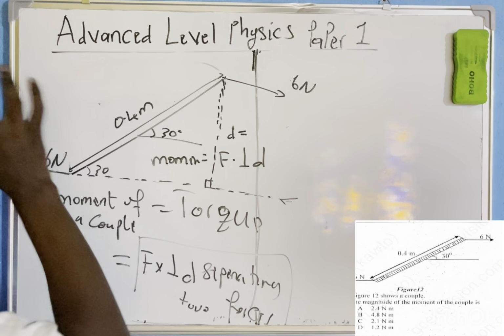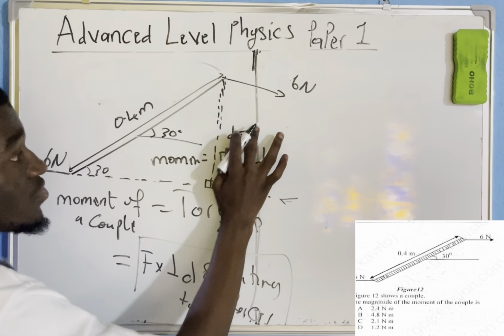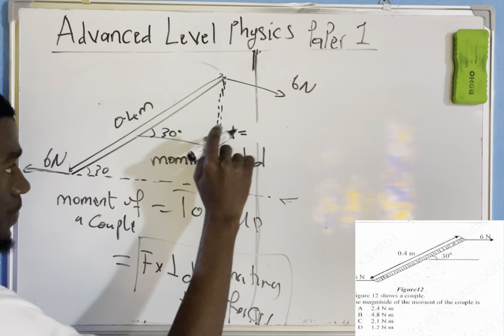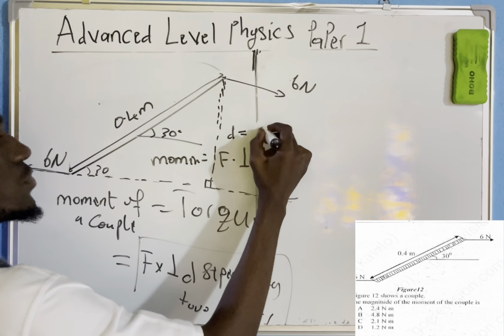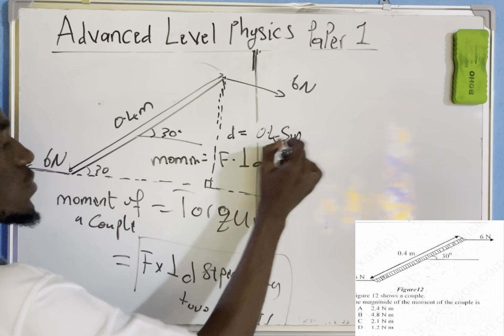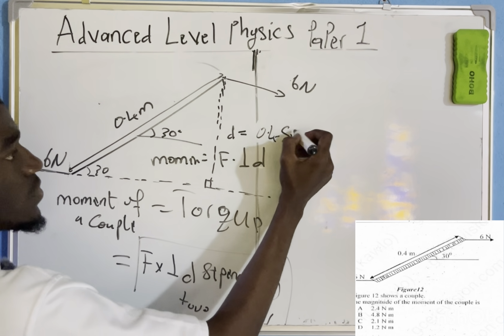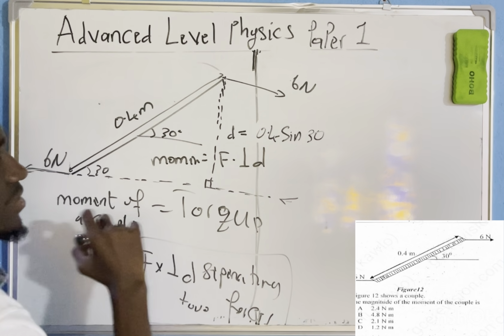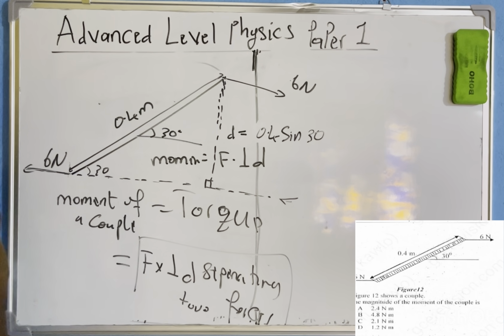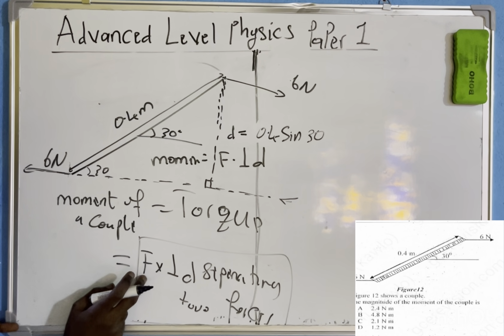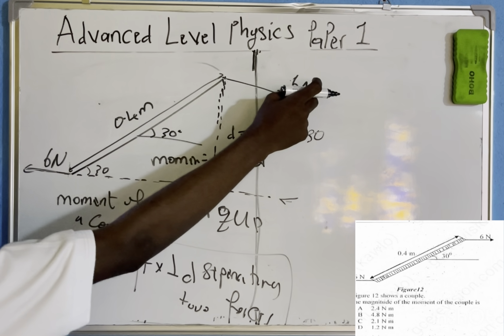Therefore, without you trying to think, D is simply equal to the hypotenuse 0.4 times sine, because it is the opposite side, so sine 30. Coming back to our formula, when you're taking one of the forces, please, since I put F here, you're not taking 6 times 6, or 6 plus 6.